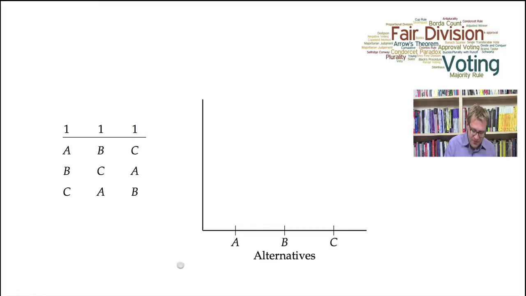Once we fix the scale, so candidate A is to the left of B, which is to the left of C, then we can represent the voters' preferences by assigning values along the y-axis to each of the candidates. For example, look at the second voter here.